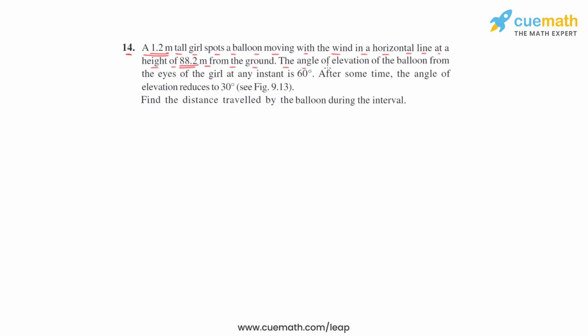Then the angle of elevation of the balloon from the eyes of the girl at any instant is 60 degrees. After some time, the angle of elevation reduces to 30 degrees. Then find the distance travelled by the balloon during the interval. We have to find the distance travelled by the balloon, and see figure 9.13.